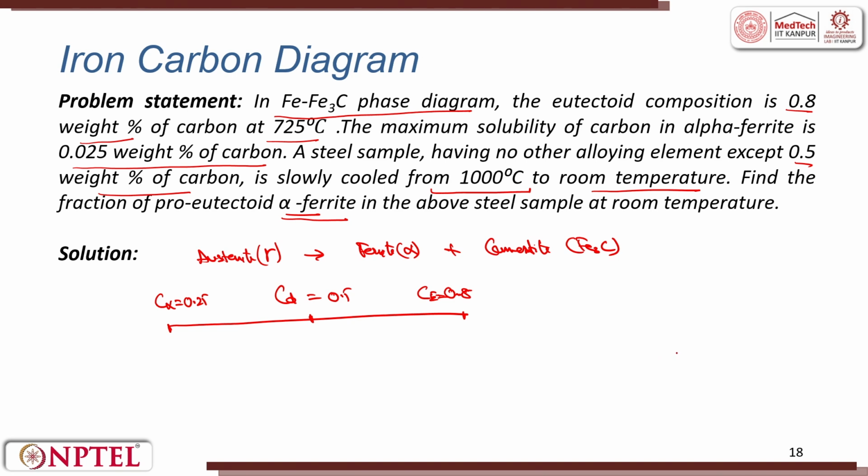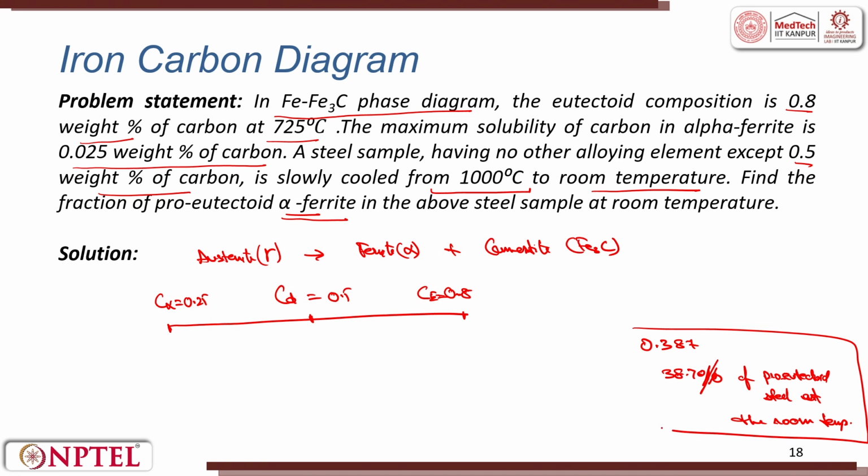I will just give you the solution. The answer is 0.387, or we can say 38.7%. 38.7% of pro-eutectoid alpha ferrite in the steel is present at room temperature. Room temperature, right? Try to solve it, please.